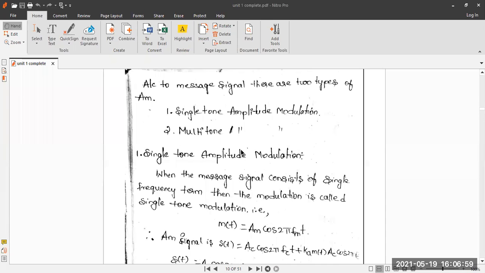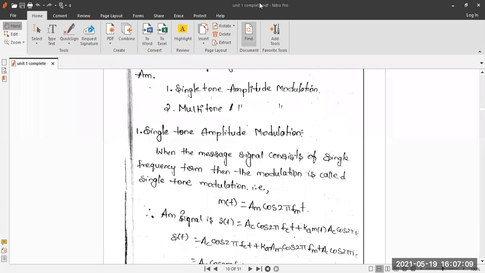According to the message signal, there are two types of amplitude modulation: one is single tone amplitude modulation, and another is multi-tone amplitude modulation. Now we have to discuss single tone amplitude modulation.